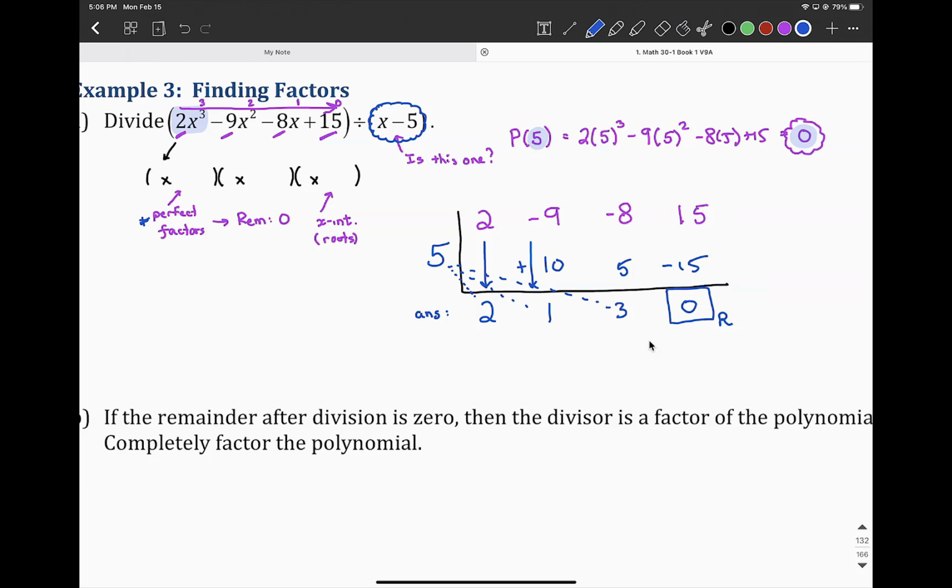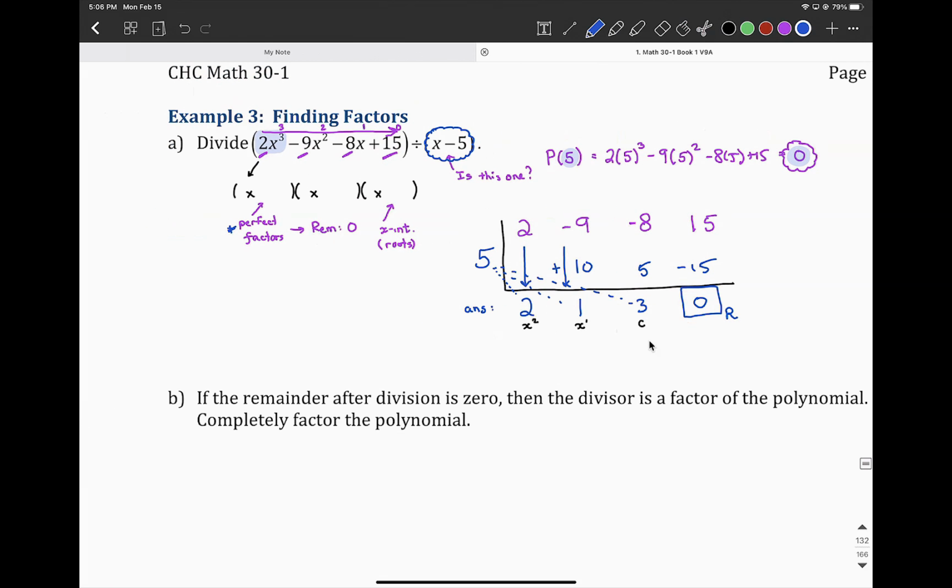And from that remainder, we would be able to interpret this as this is the constant, this is the degree 1 term, this is the degree 2 term, and so on if it was a bigger division. So successful. Yes, x minus 5 does belong in this list of perfect factors.